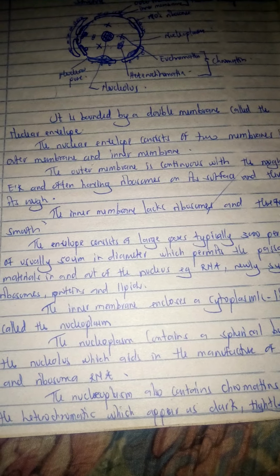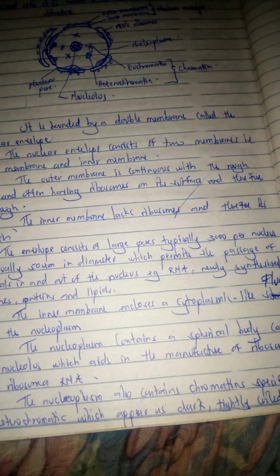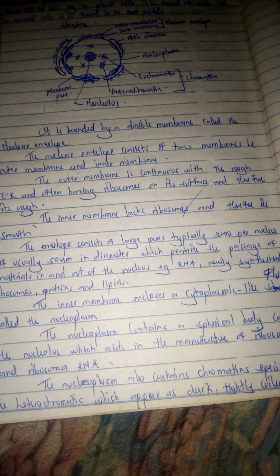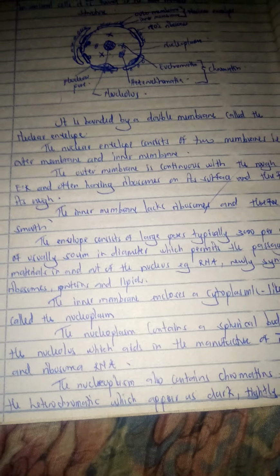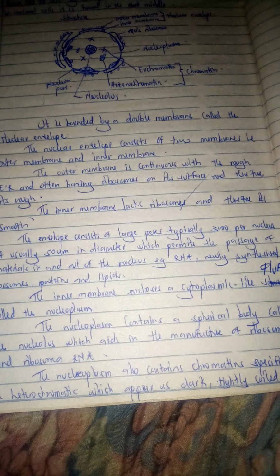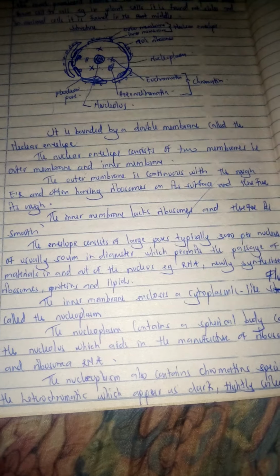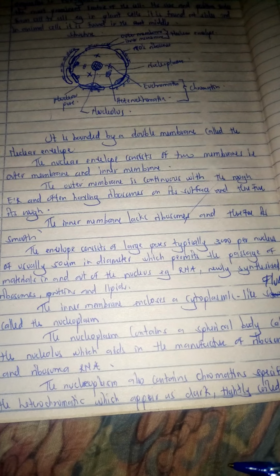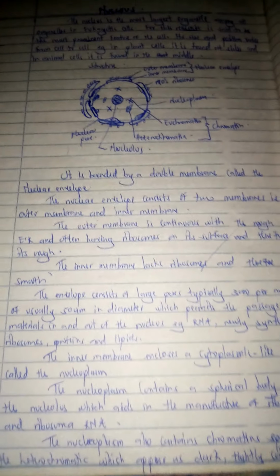The nuclear envelope consists of large pores, typically 3,000 per nucleus, usually 50 micrometers in diameter, which permit the passage of materials in and out of the nucleus, for example RNA, newly synthesized ribosomes, proteins, and lipids.